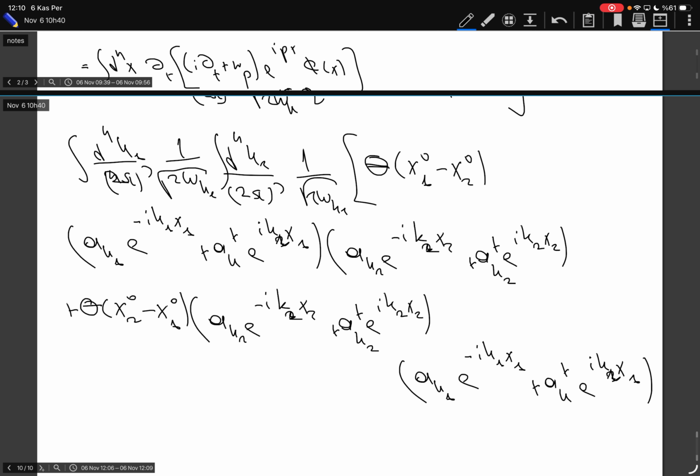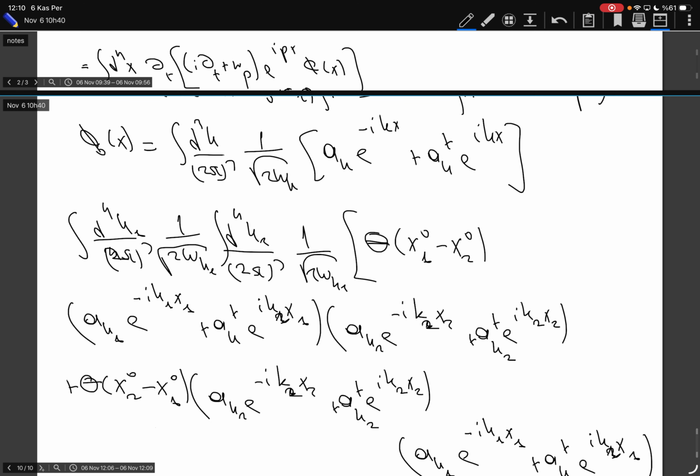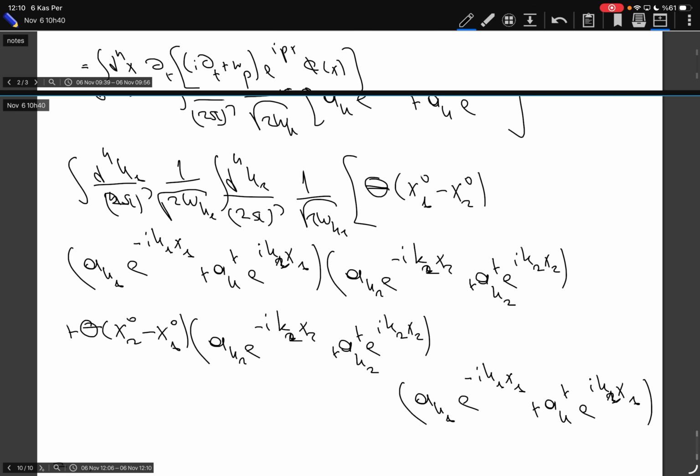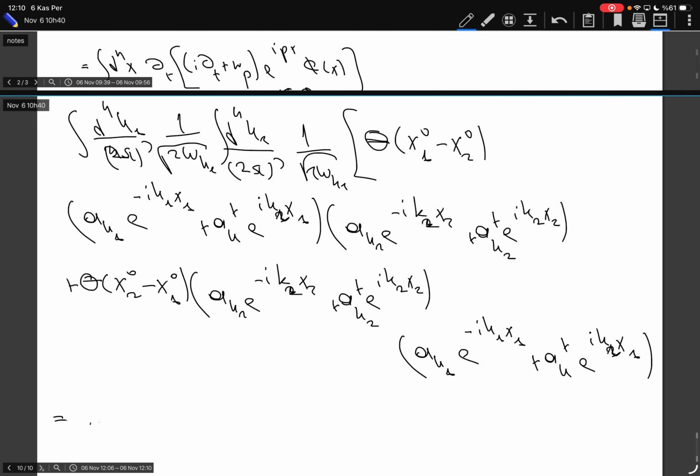So this is what I need to calculate. And of course it's between vacuum and vacuum.